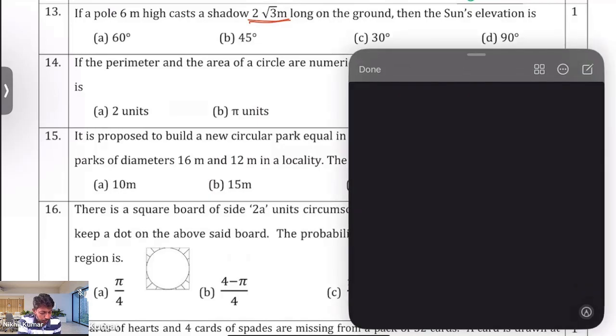There's this pole here. There's the sun somewhere here. The pole is 6 meters high. So let me draw it like that. And it casts a shadow of 2 root 3. So how will the shadow look like? See, the sun's rays are going to fall like this.